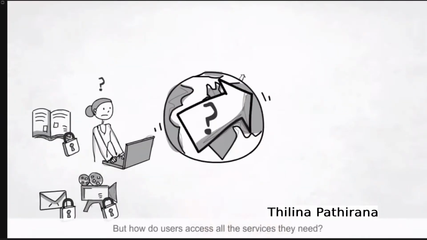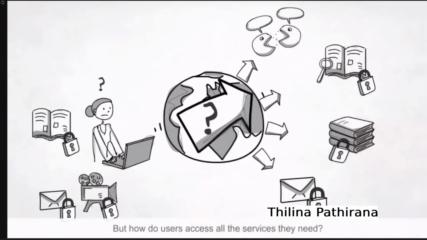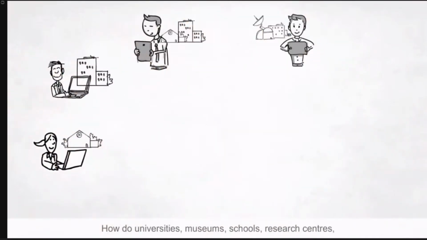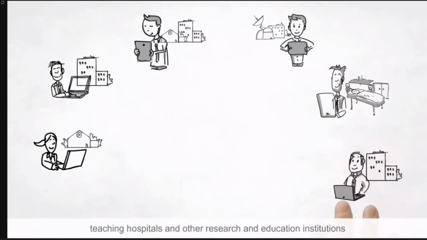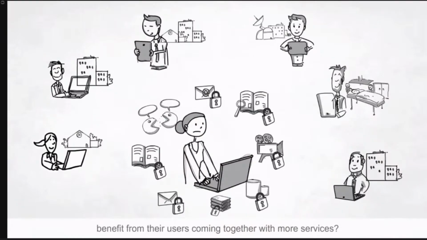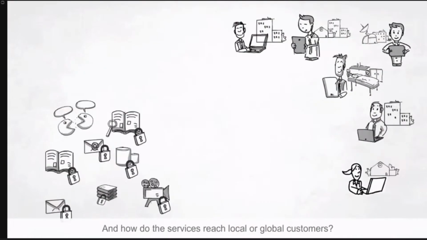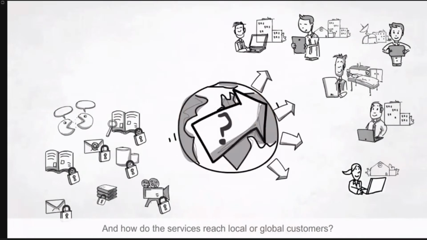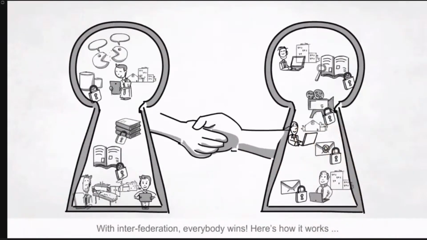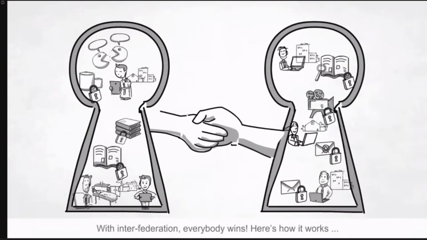But how do users access all the services they need? How do universities, museums, schools, research centres, teaching hospitals and other institutions benefit from their users coming together with more services? And how do the services reach local or global customers? With inter-federation, everybody wins. Here's how it works.